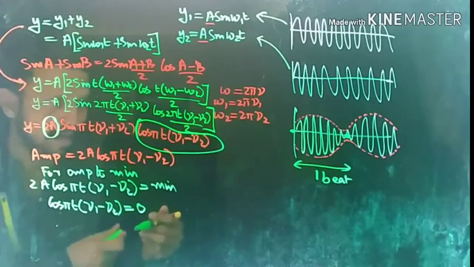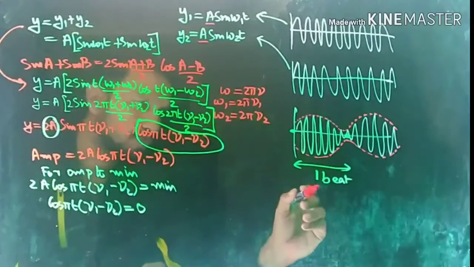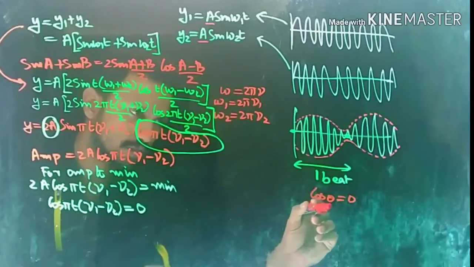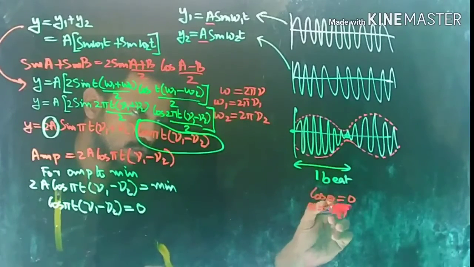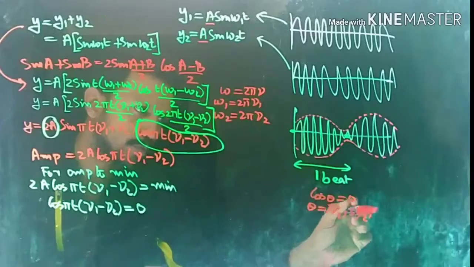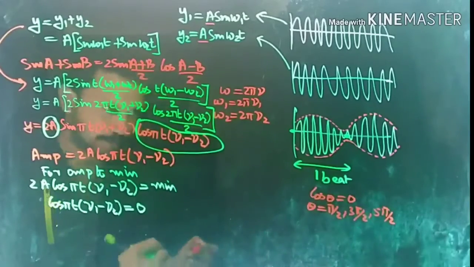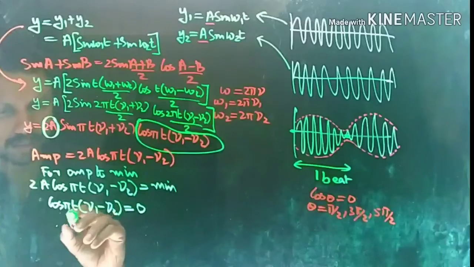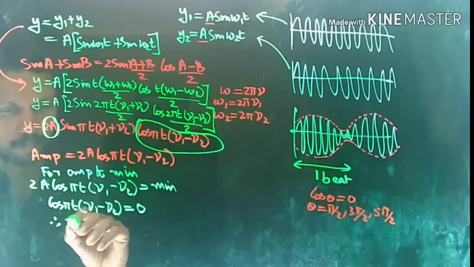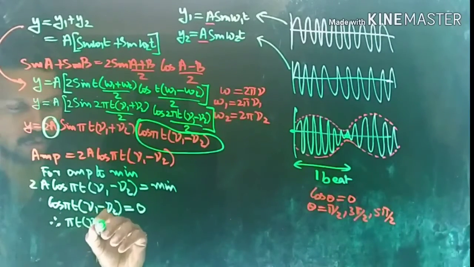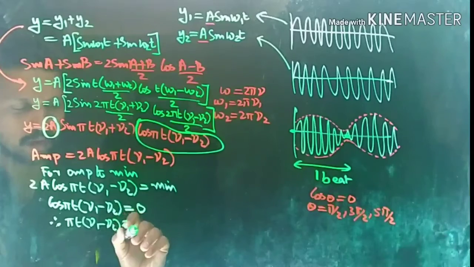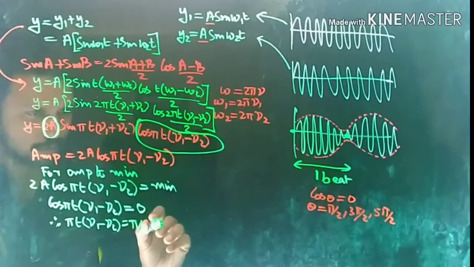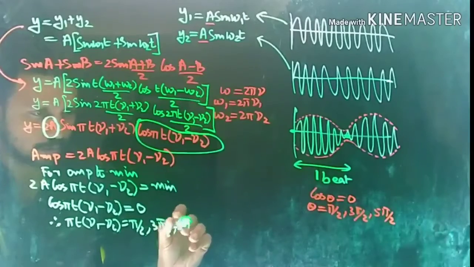As we know, if cos theta is equal to 0, the value of theta should be pi by 2, 3 pi by 2, 5 pi by 2, etc. Therefore, pi t into nu 1 minus nu 2 should possess the value of pi by 2, 3 pi by 2, 5 pi by 2, etc.